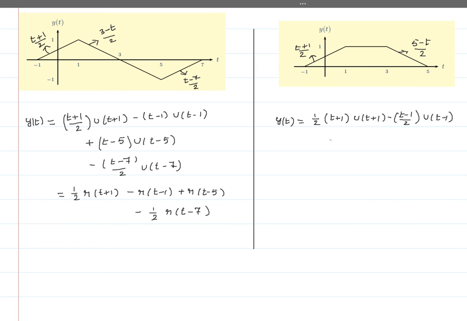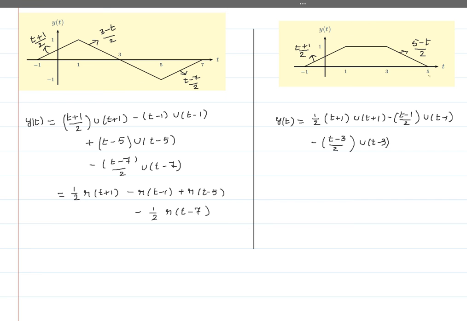This process continues till 3, and at 3 the slope, which is 0 here, should become -1 after 3, hence we should add a negative slope, and this change of slope happens at 3, and hence it will become minus of (t minus 3) by 2 into u of t minus 3.